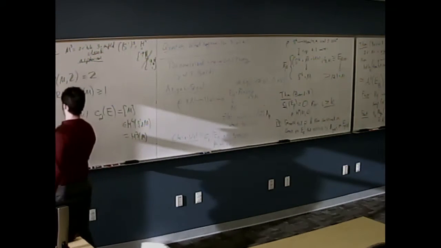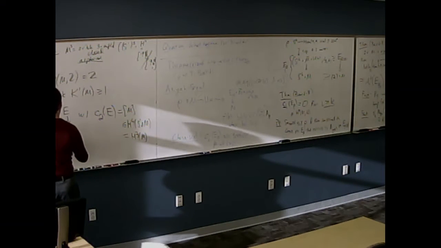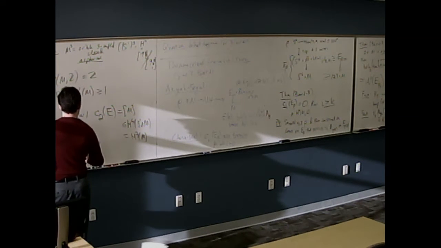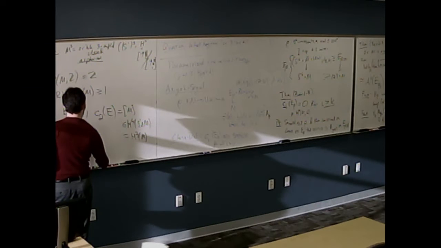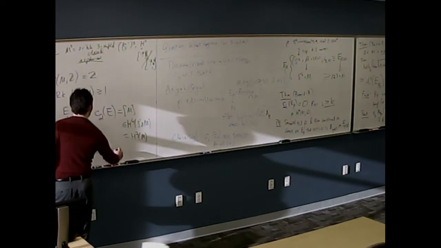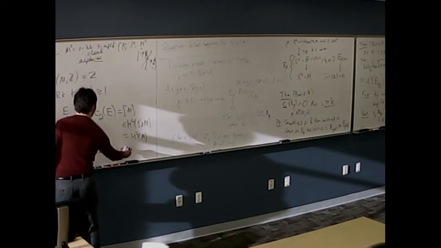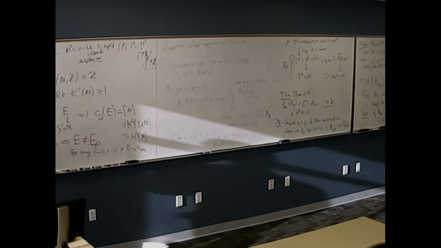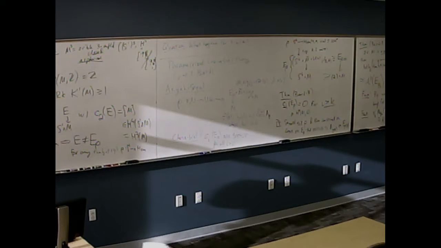So the theorem implies that E is not E rho for any family of representations rho from S1 into the Hom space. Because if it were, C2 would be 0.